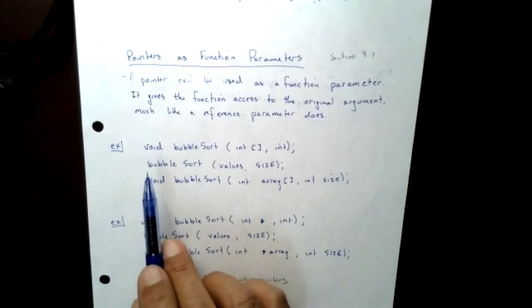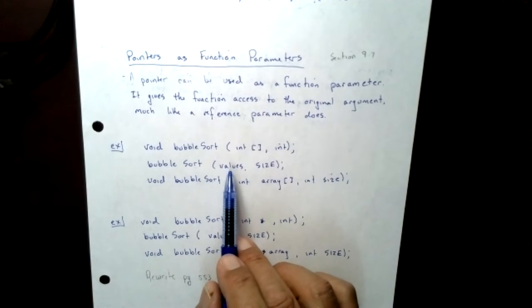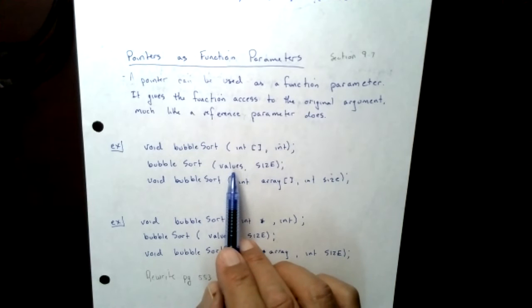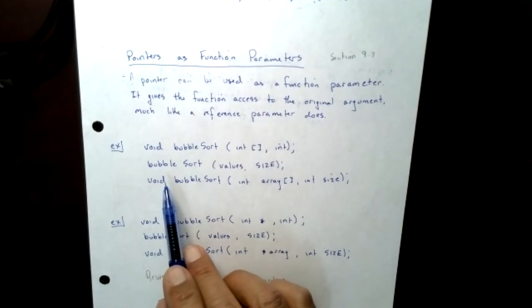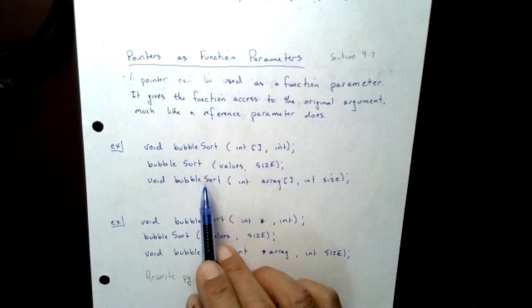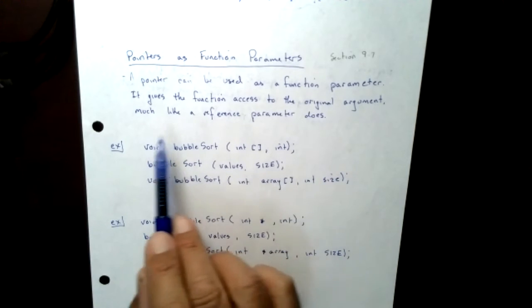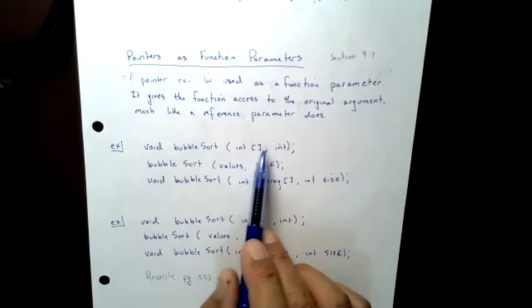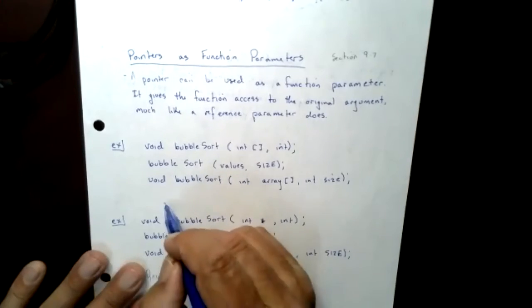Then in the main, we had a call to bubble sort where I sent in the name of the array, which is the address, and the size. And then in my function heading, I had bubble sort, int array, int size. So this is something that you had learned already: how to pass an array in, the prototype, the call, and the actual heading.